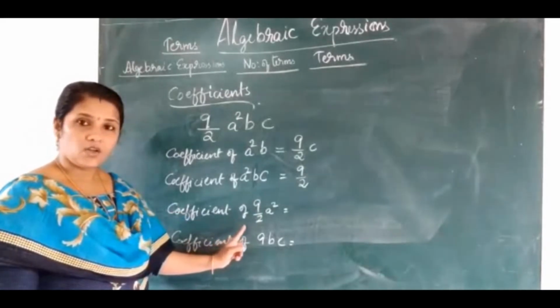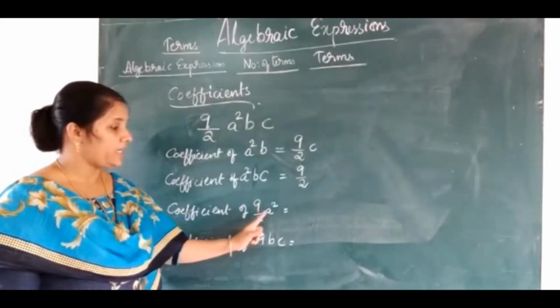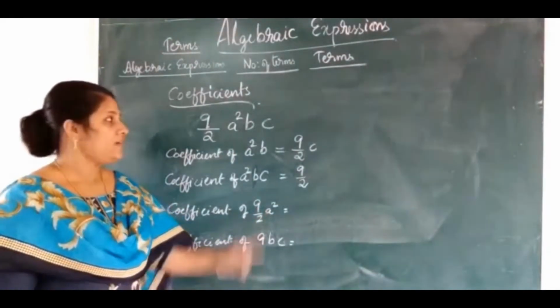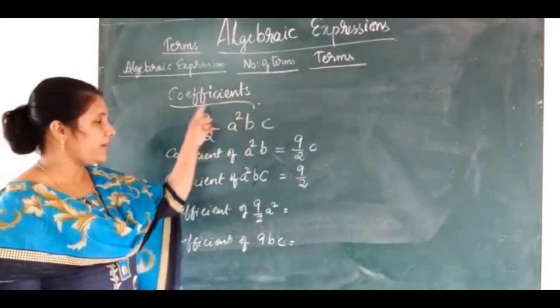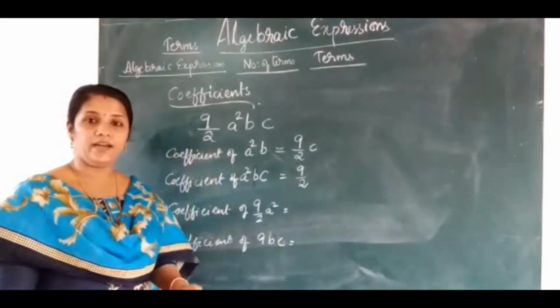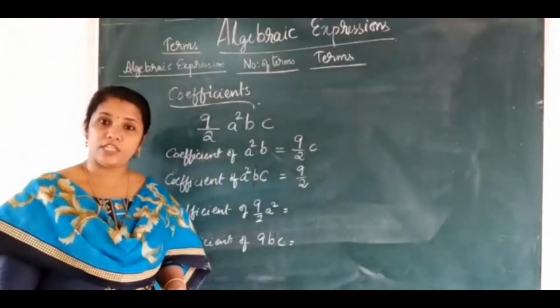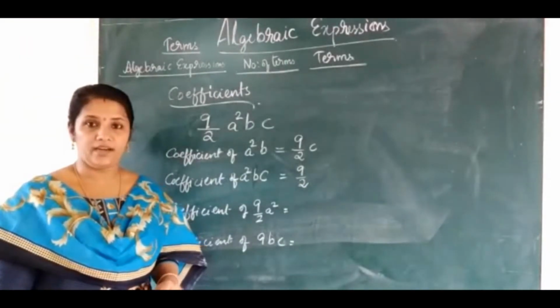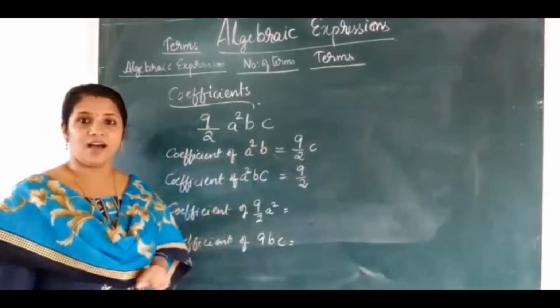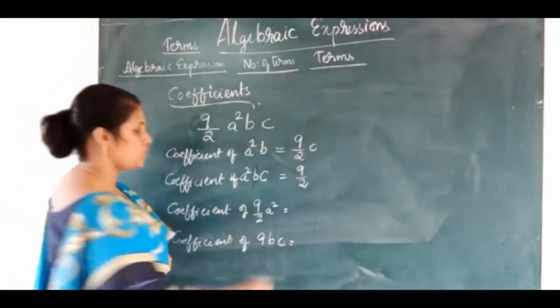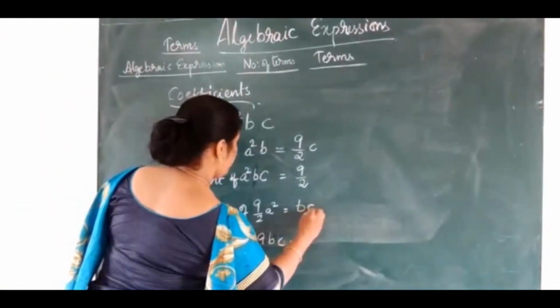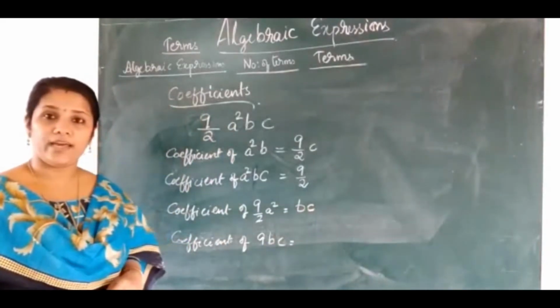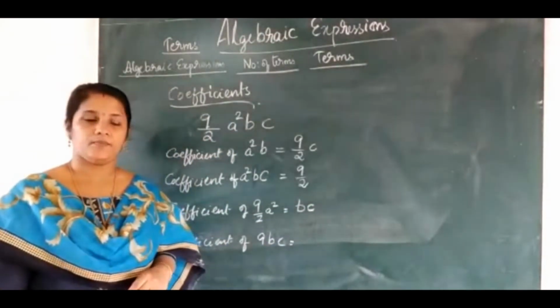Then what is the coefficient of 9 by 2 a square? Here we consider only 9 by 2 a square. The remaining factors are bc. So the coefficient of 9 by 2 a square is bc.